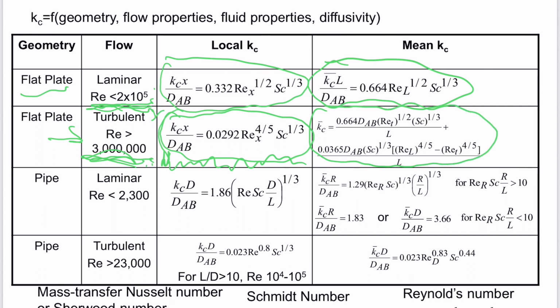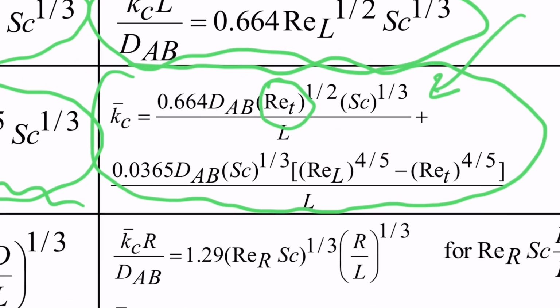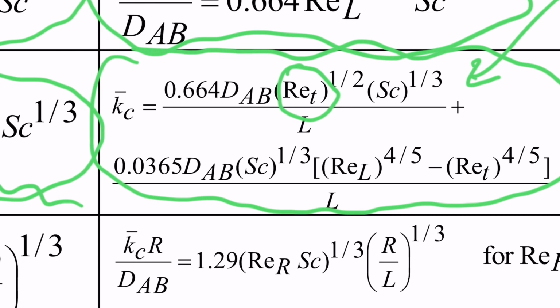And notice there are two terms. This first term is where they integrated from 0 up until you reach the transitional Reynolds number, which is here. Can we blow this up? Yep. And so this is the laminar part, and this one is the turbulent part.